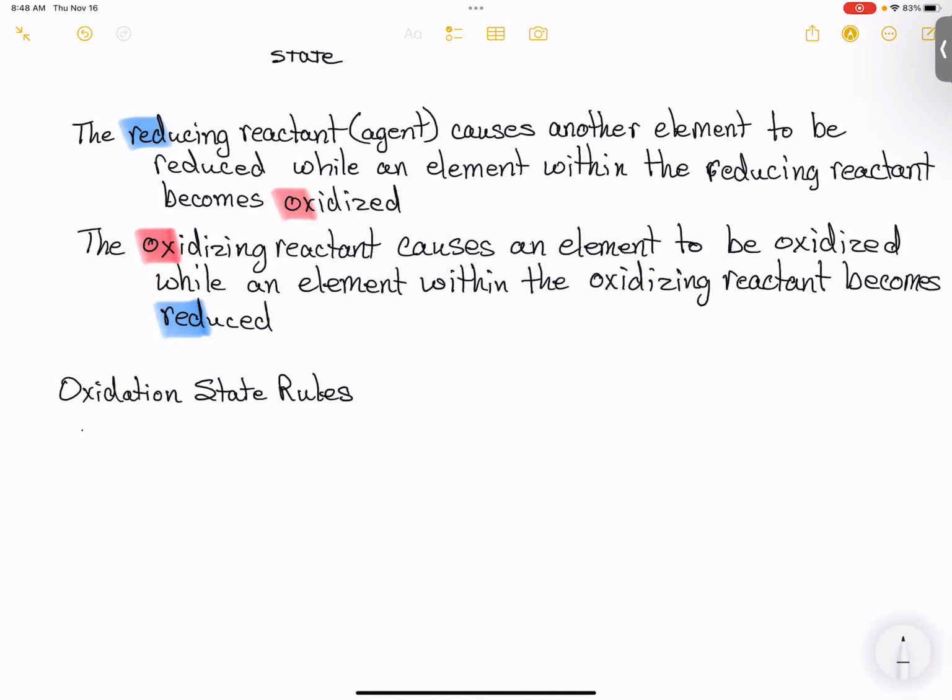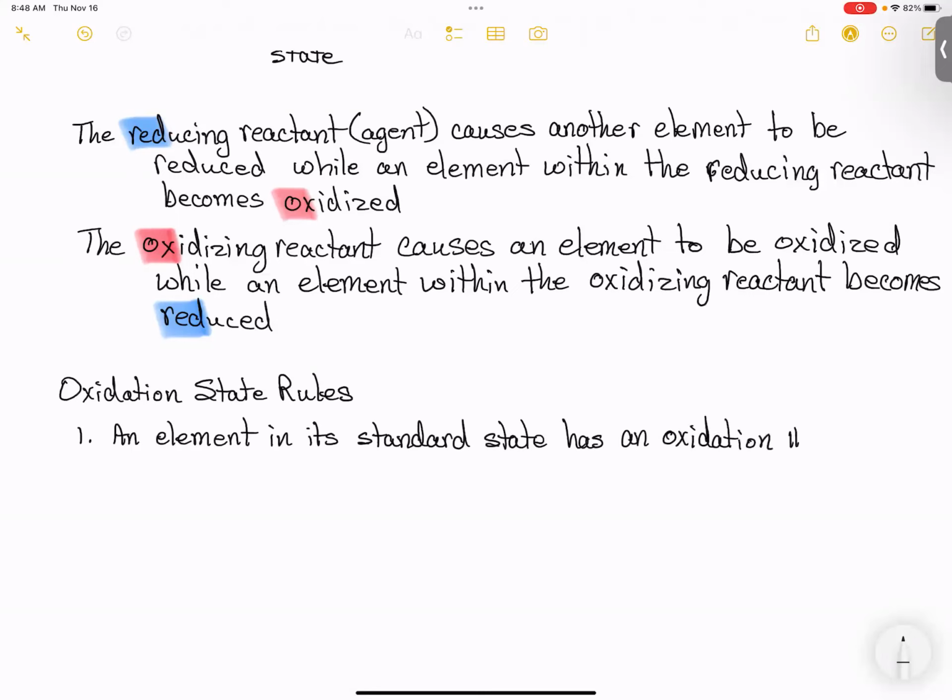Rule number 1. An element in its standard state has an oxidation number equal to 0.